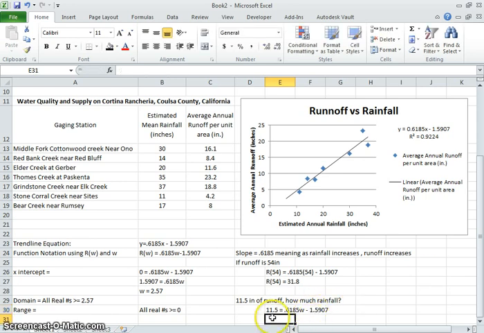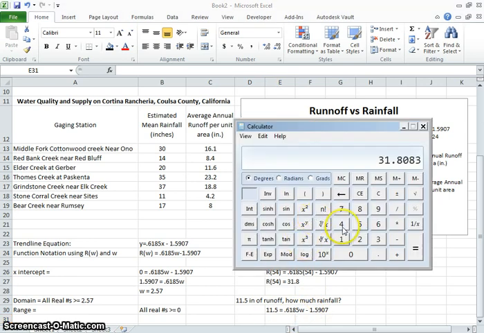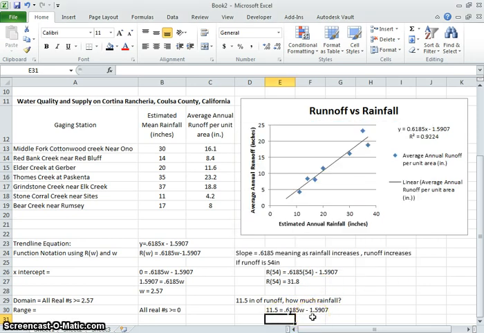So I would add to each side and say 11.5 plus 1.5907 is 13, and then I would divide each side by 0.6185. And I would say that W is probably equal to 21. Okay, and that would answer all of the first part.